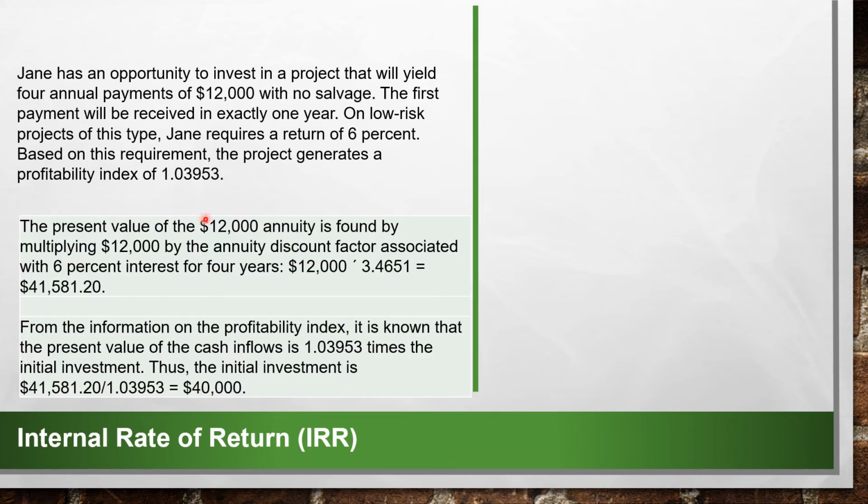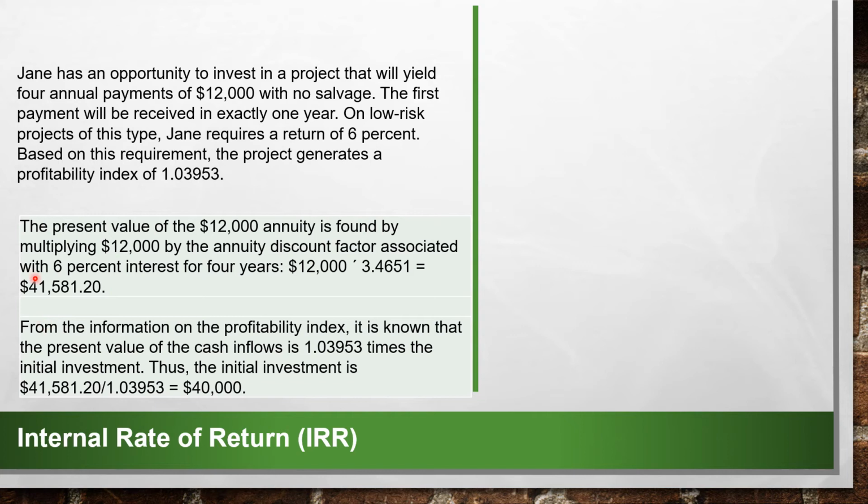The present value of the 12,000 annuity is found by multiplying 12,000 by the annuity factor associated with 6% interest in 4 years. And that is 3.4651. In your financial calculator, you can just easily compute for this, or if you are using the scientific calculator, you can actually solve for this one also by 1 minus (1 plus i) raised to negative n, then divided by i.